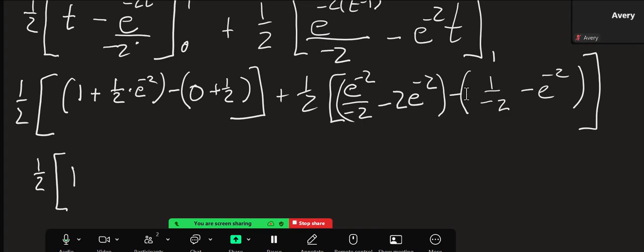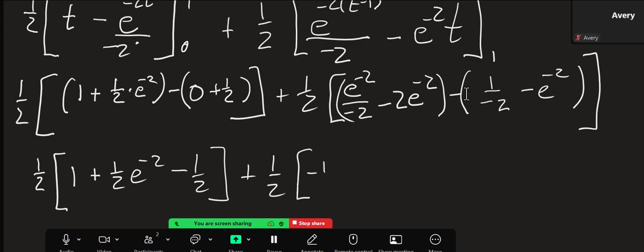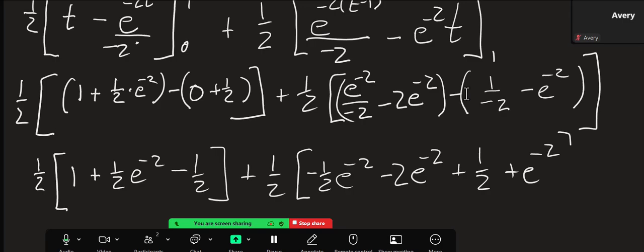So that's 1 plus 1/2 e to the negative 2 minus 1/2 plus 1/2 negative 1/2 e to the minus 2 minus 2e to the minus 2 plus 1/2 plus e to the minus 2.